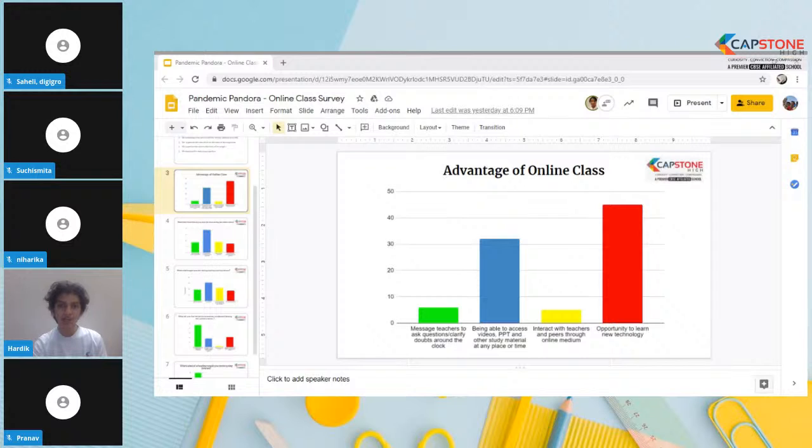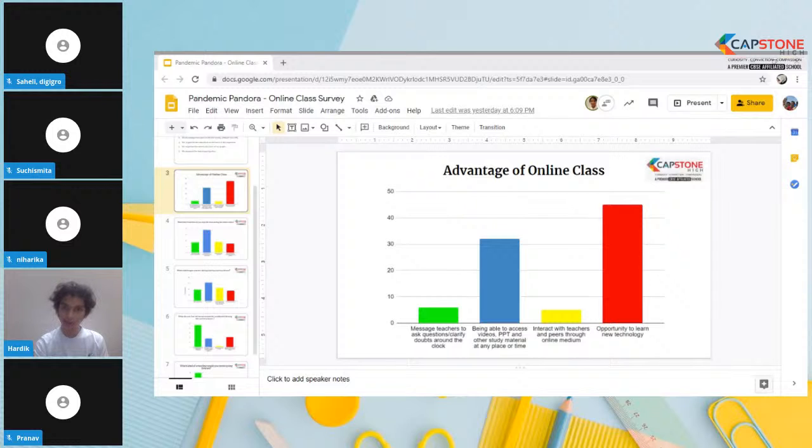Here, we gave our respondents 4 options on the advantages of online classes: being able to access study material at any time and any place, getting an opportunity to learn new technology, being able to interact with peers and teachers in spite of the lockdown, being able to message teachers and clear doubts almost any time around the clock.